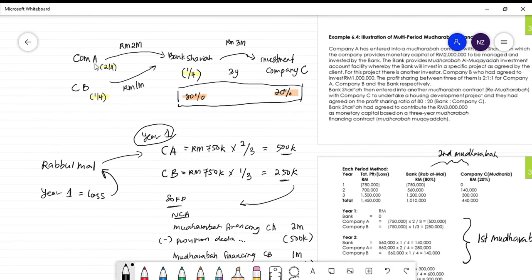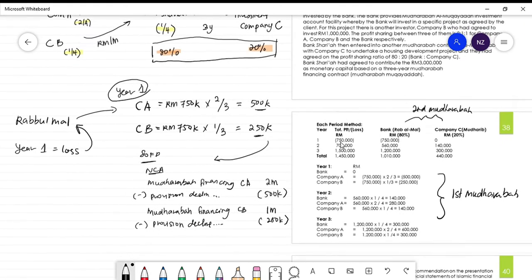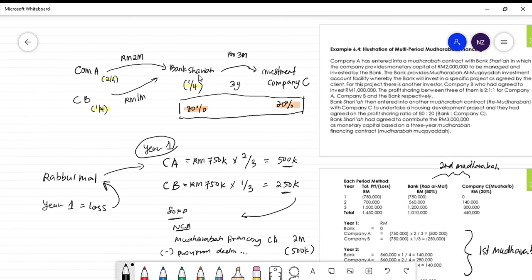Maknanya company A and B tak ada related dengan investment company C. So now you cannot use all of the profit 700 here. You kena guna profit yang diterima oleh bank ni sahaja, sebab bank ni adalah orang yang related lah on the first mudharabah yang dia involve with company A and company B ni tadi.